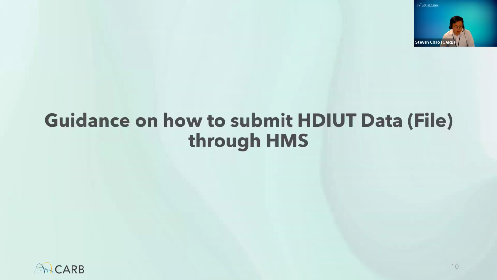Next slide, please. So we've gone over a brief overview of an initial submission and took a closer look at the registration process. Now I'll hand it back to Abraham to give more detailed guidance on file submission through HMS.